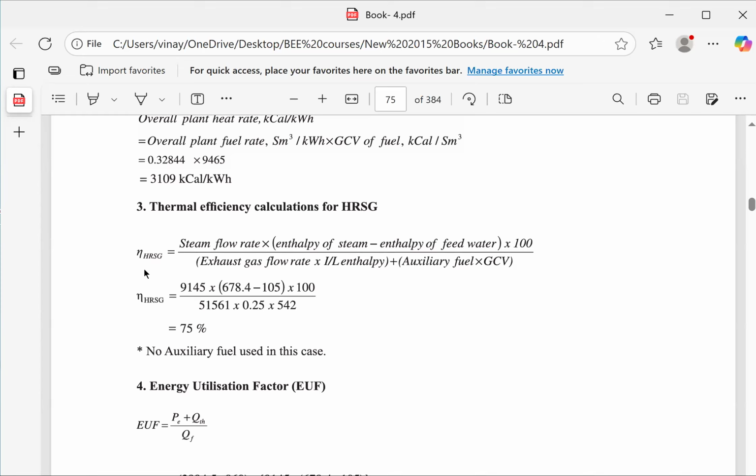So the efficiency of a steam boiler is the steam flow rate multiplied by the fresh steam enthalpy minus feed water enthalpy, upon the total heat, which is the exhaust gas flow rate multiplied by the enthalpy, plus auxiliary fuel if used.